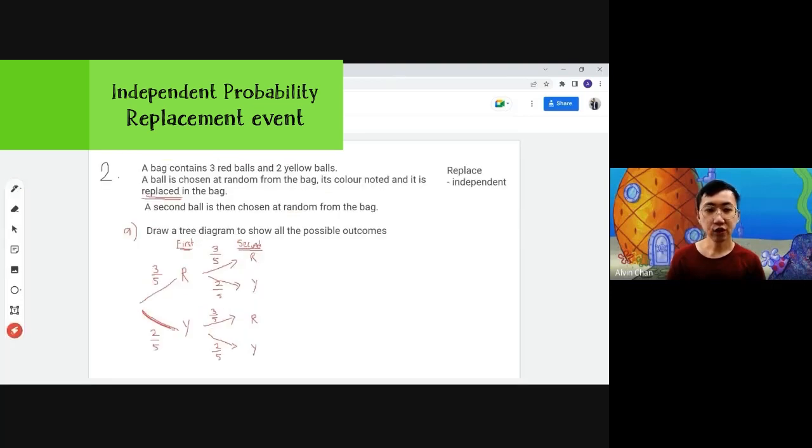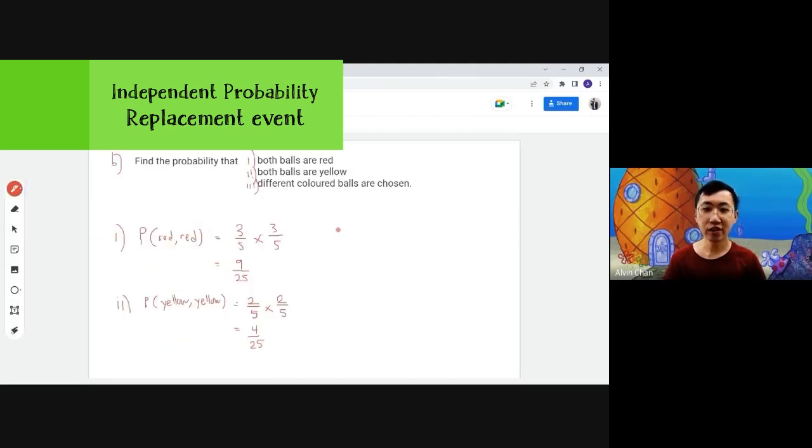So you get yellow, 2 over 5. When you go to the right of the branch, it is multiply. When you go towards the right-hand side of the diagram, it is multiply. Just now was red, right? You go right, then you take the numbers and multiply. That's how we use the tree diagram.